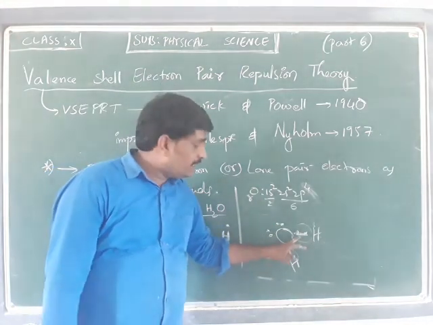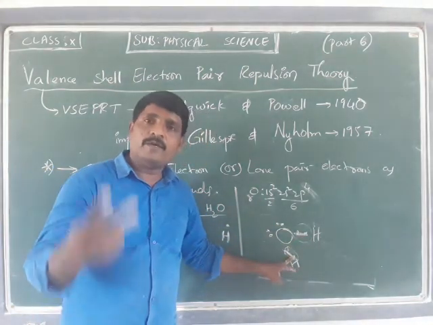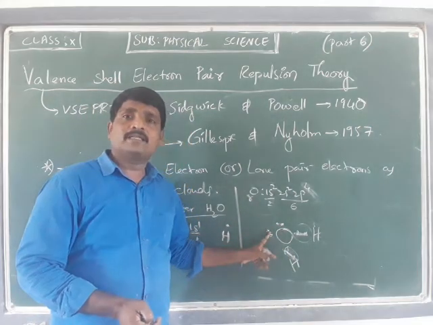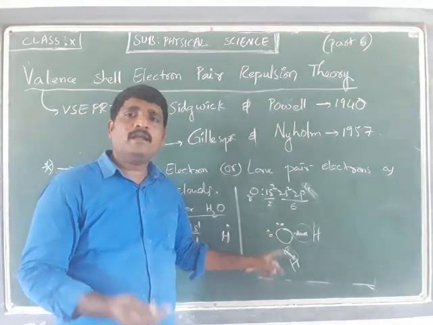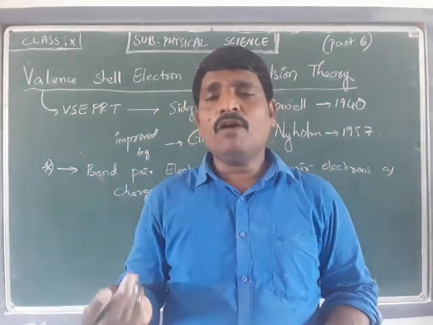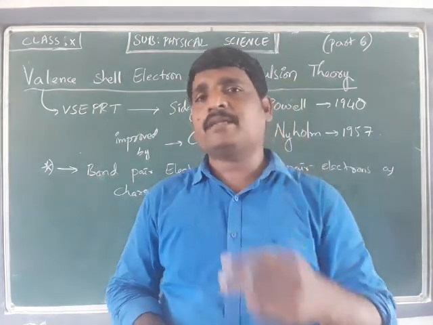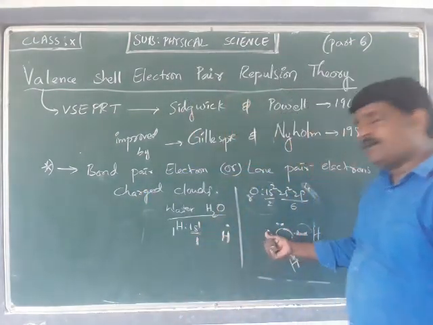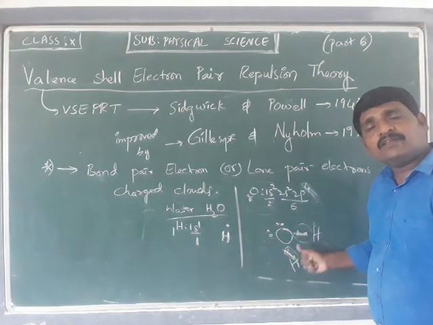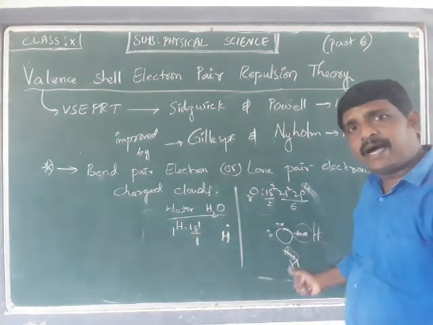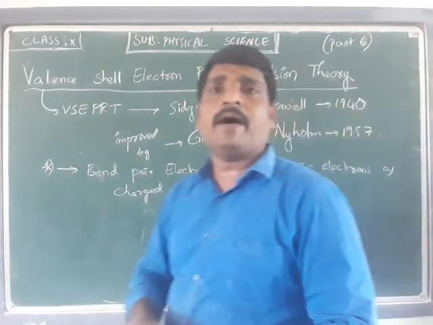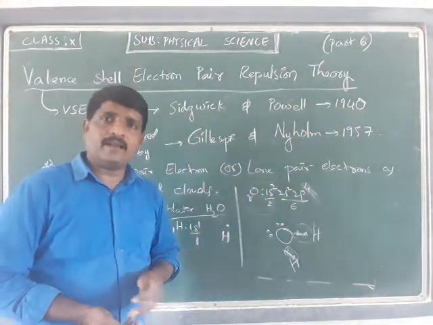So here we have 2 bond pairs in the water molecule, and 2 lone pairs, this is 1 lone pair and this is 1 lone pair. I hope you understood the meaning of lone pair and bond pair. The electron pair which is part of a bond is called a bond pair, and the electron pair which is not part of the bond is called a lone pair.